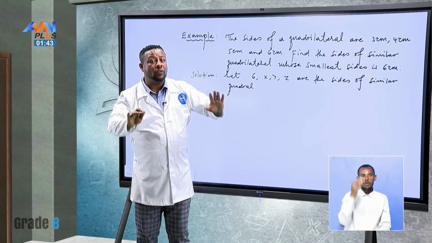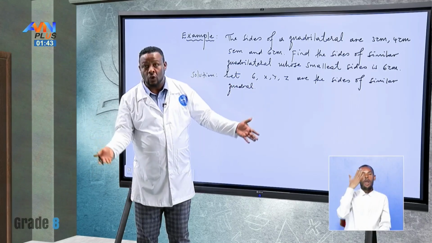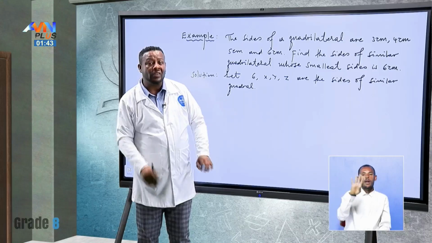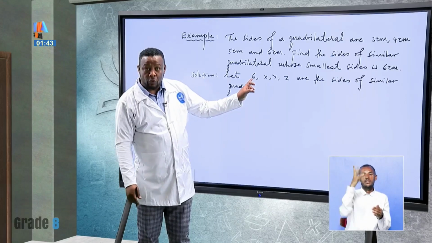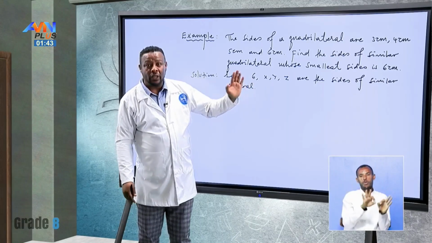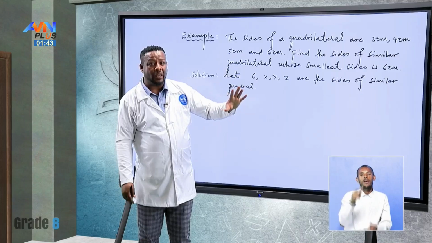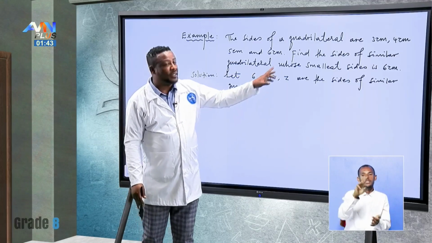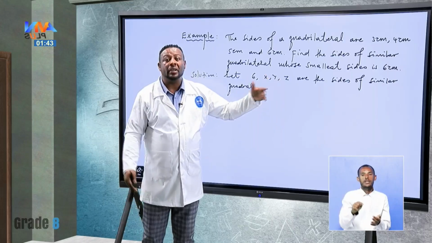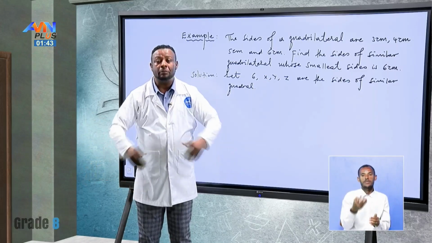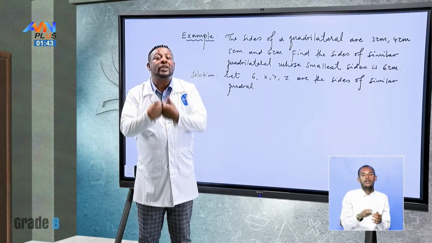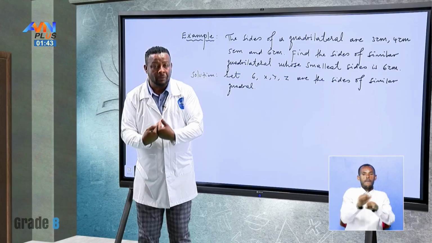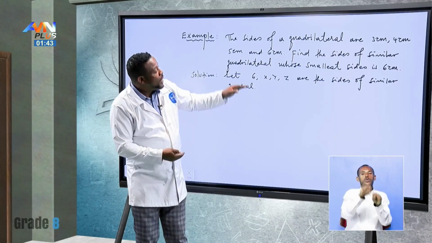One of the sides of the unknown quadrilateral is known, the smallest side of that quadrilateral. So you have to properly put all the variables and the known information. So 6, x, y, z. Why these 4? Because it's a quadrilateral. That means it's a 4-sided plane figure, right?